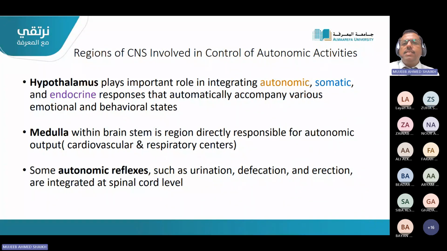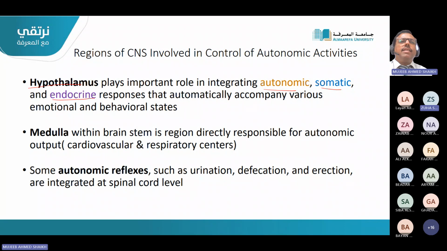Apart from the nerves which come out from the thoracolumbar region or craniosacral region, the autonomic nervous system is affected by the actions of the hypothalamus. The hypothalamus plays an important role in integrating the autonomic as well as somatic nerves as well as the endocrine system.